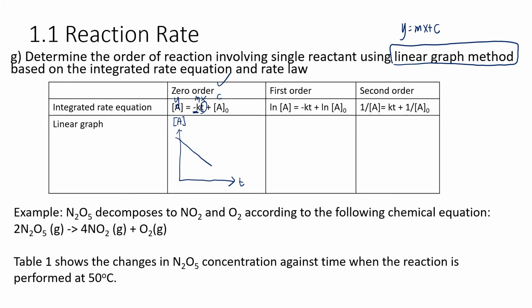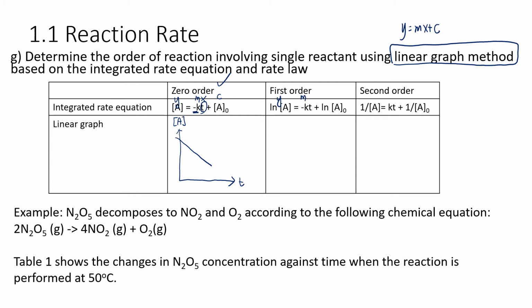For first order reaction, the integrated rate equation is ln remaining concentration of your reagent equals negative kt plus ln initial concentration of the reagent. So again, this is a linear equation. Your y is ln remaining concentration of your reagent.